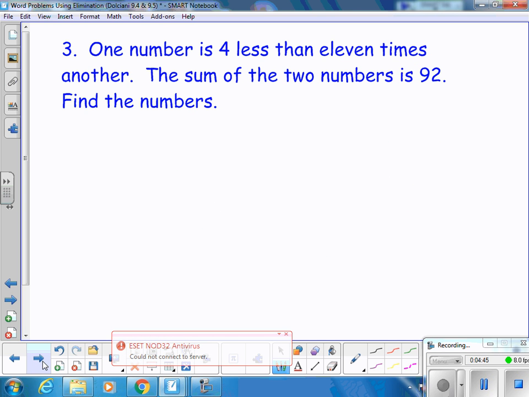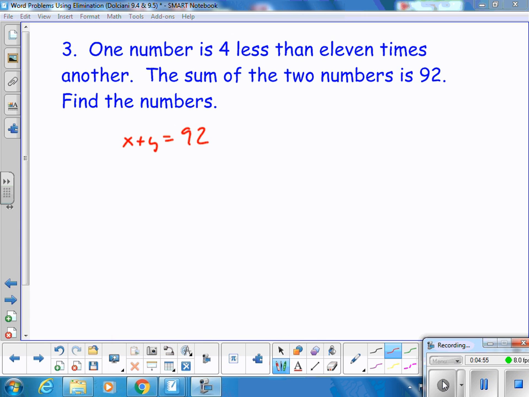Once you press pause, build your 2 equations and check how you did. All right, my 2 equations for this one are x plus y equals 92, and then y equals 11x minus 4. I'm going to change this one so that I can use it: negative 11x plus y equals negative 4, and then x plus y equals 92.